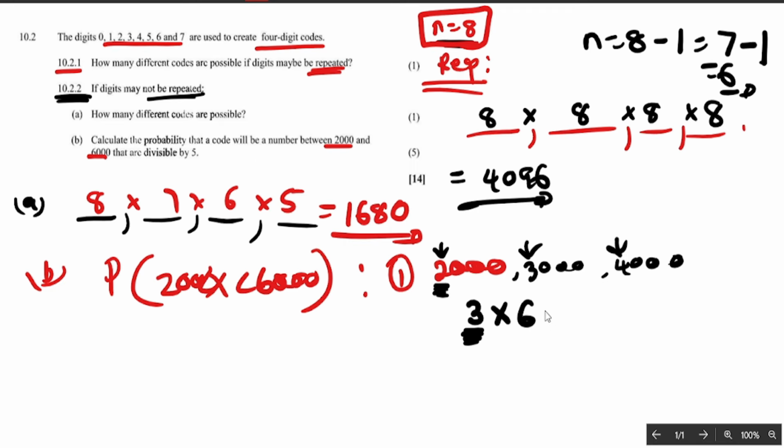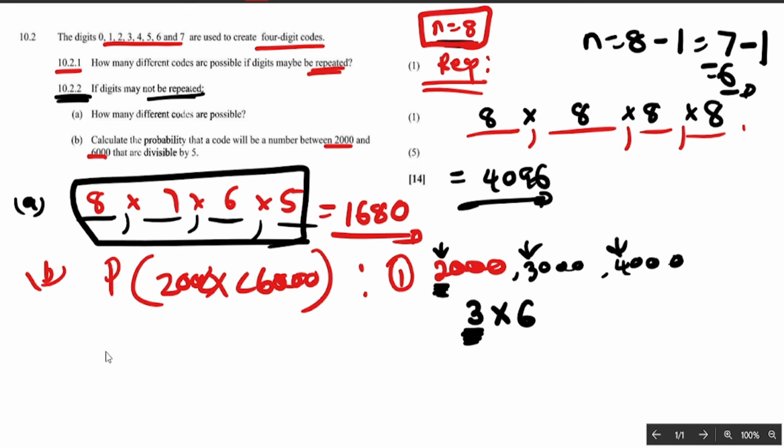The 6 represents whatever is in between. Remember that we have something like 8 times 7 times 6 times 5, but because the first 3 digits are going to take up the first place, we said 3, and then there's the 6.